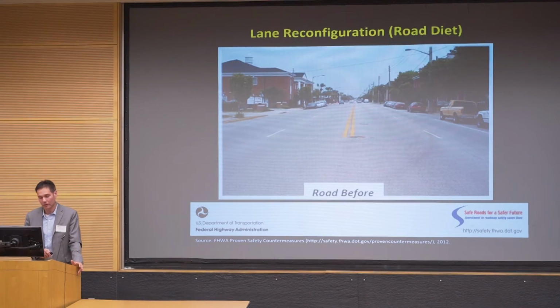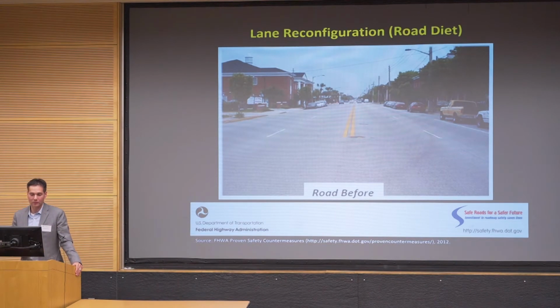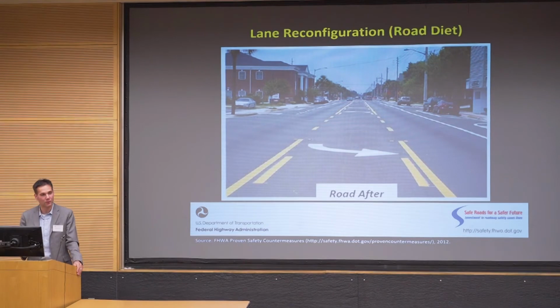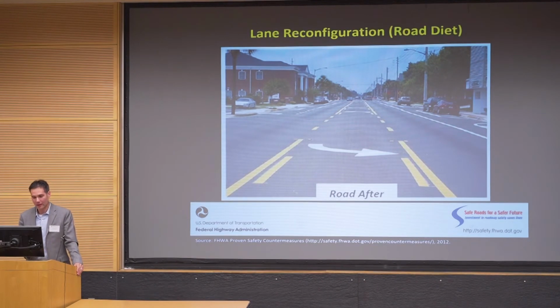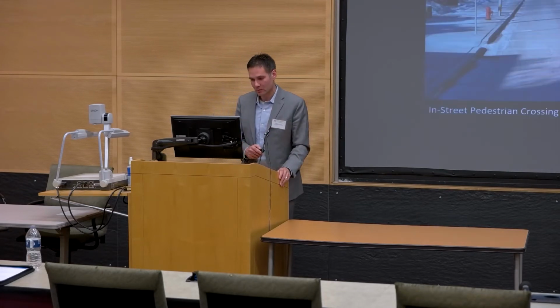Road diets are another type of project that are being considered. Reconfiguring the lanes from 2 lanes in each direction to 1 in each direction and providing bike lanes and a refuge for people to cross halfway is a strategy the city's done in some places and will be likely moving forward even more with through this pedestrian plan.